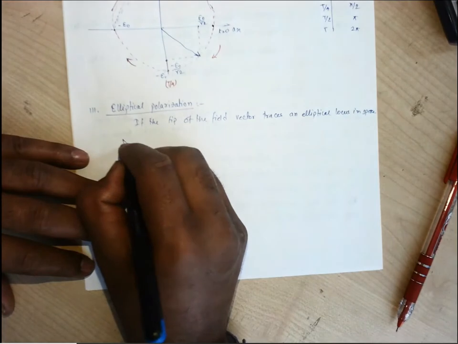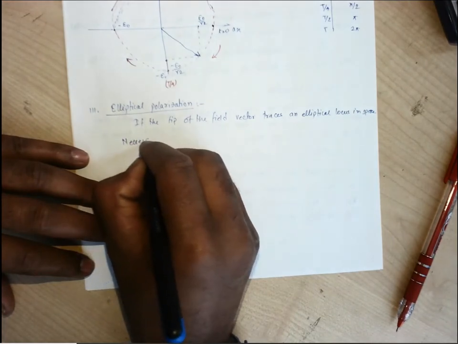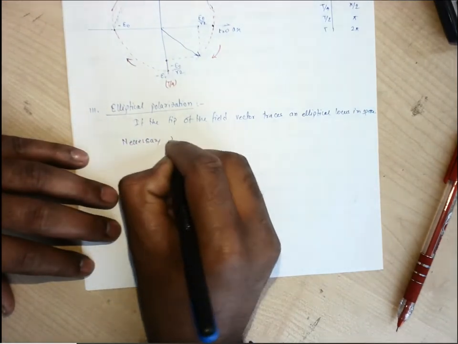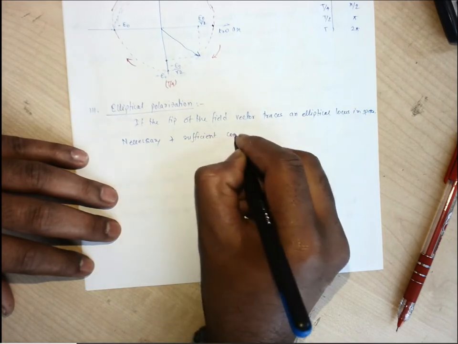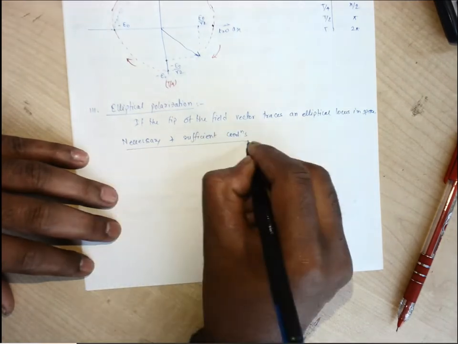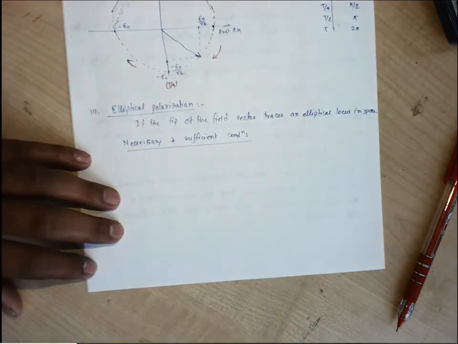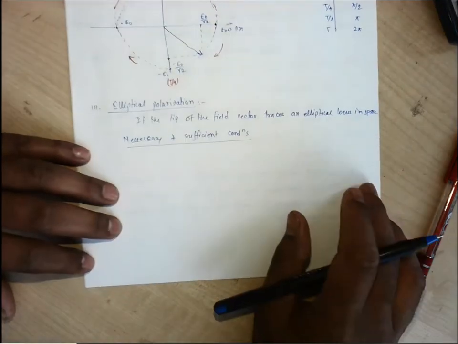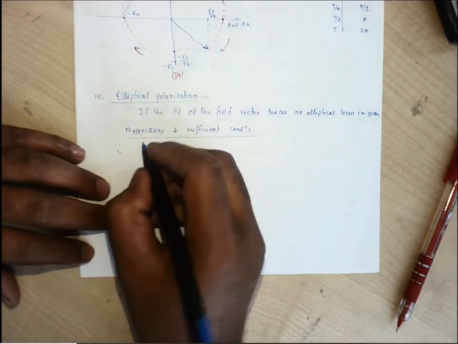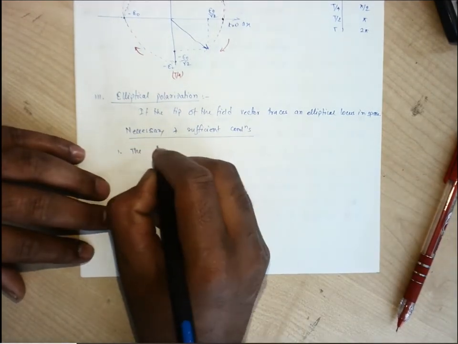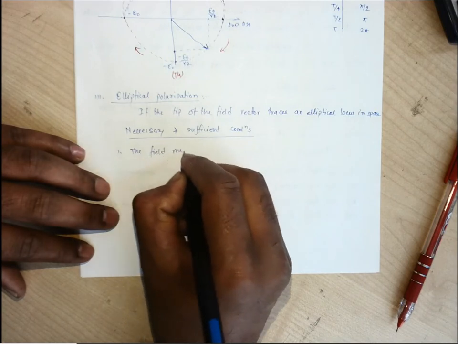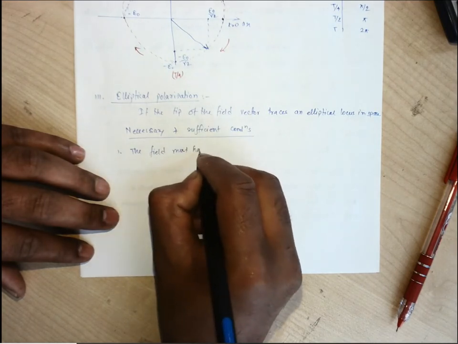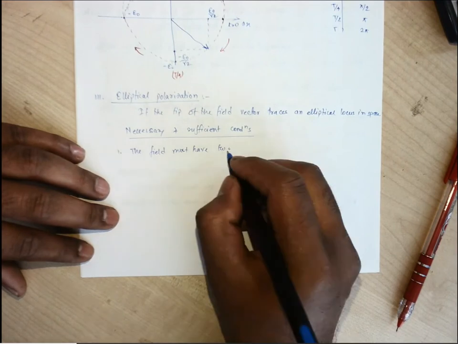So what are the necessary and sufficient conditions? Same as circular polarization, the field must have two orthogonal linear components.